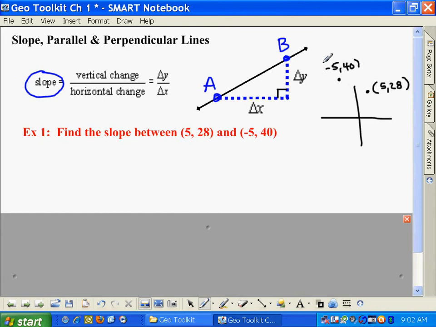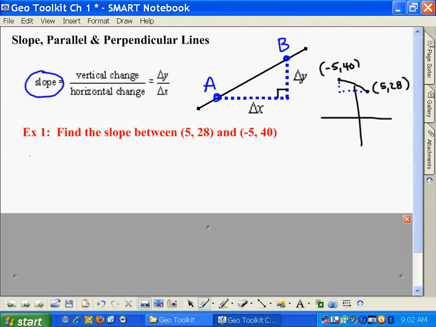And what we would do is we would go ahead and connect those, and then we would want to know how much vertically it changes and also how much horizontally it changes here. And you'll notice here that this line is actually going downhill, so we know our slope is going to be negative here. Now I picked these 2 points on purpose because they're not very convenient for actually taking graph paper and graphing these points out where you could actually make this slope triangle here. So we're going to just kind of logic this out instead here.